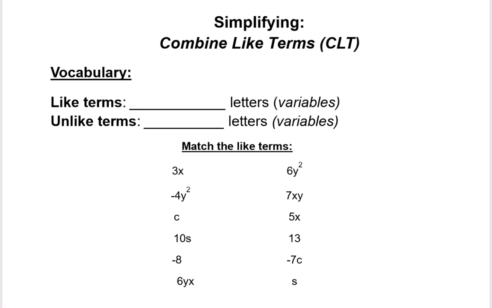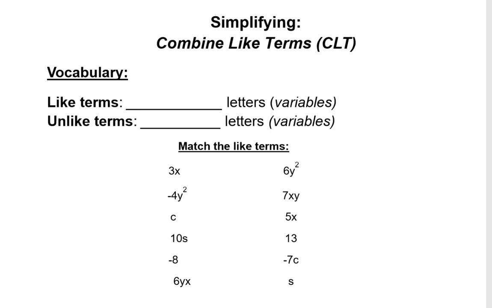So like terms are two letters or variables that are the same. So they have to have the same letters. We know in algebra we don't use the word letters, we call them variables. So for two terms to be like, they need to have the same variables.